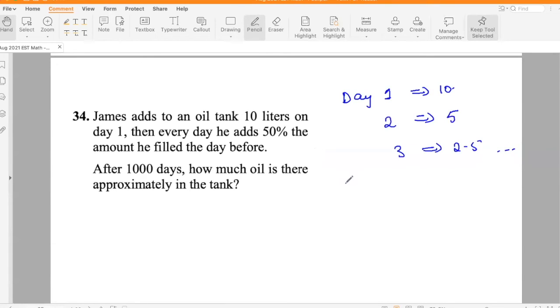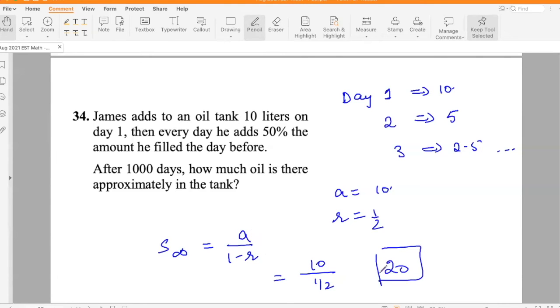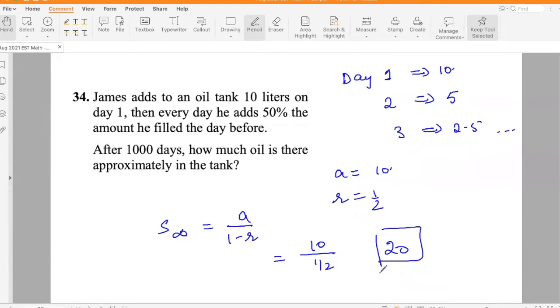So this is a geometric progression. First term is 10 and common ratio is half. And because we are going to 1000 days, we can use the sum to infinity formula, which is a by 1 minus r. So 10 by half, so it will be 20. After 1000 days, there would be 20 liters.